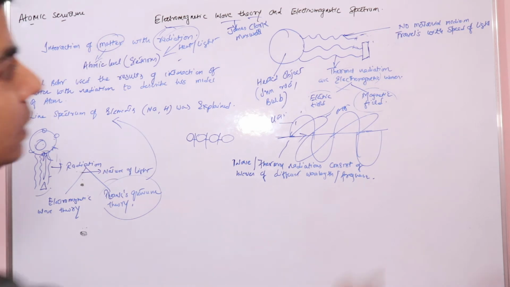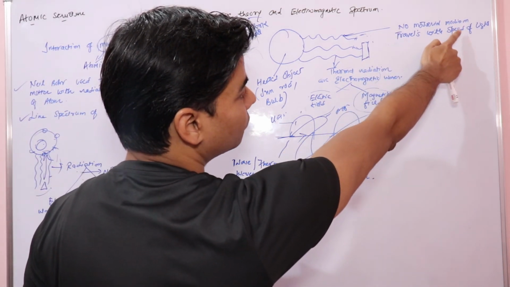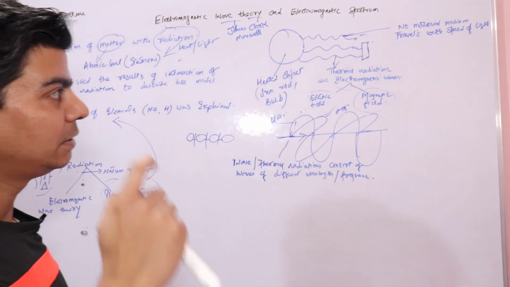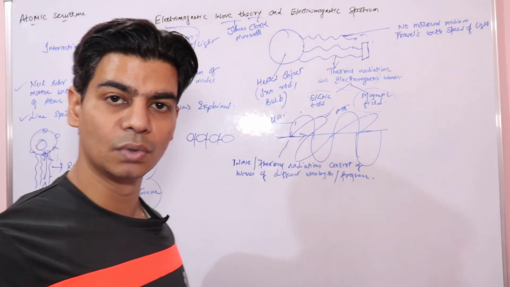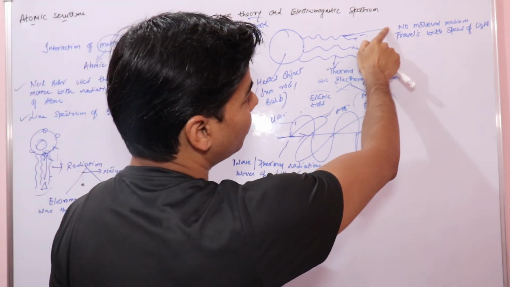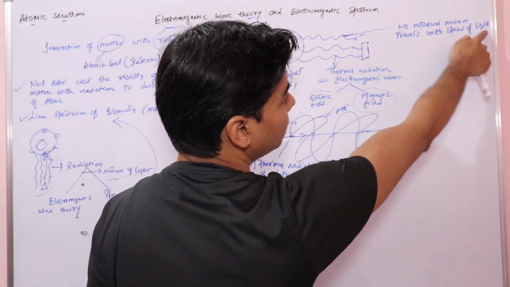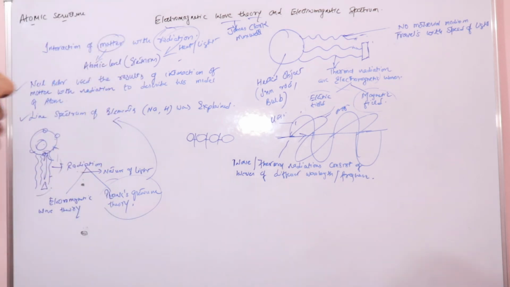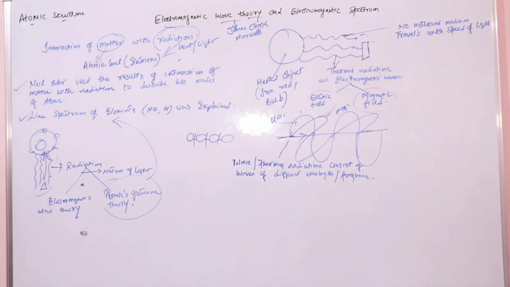They can travel in space, like sun rays can reach us through space. And it travels with the speed of light. We know that the speed of light is 3 into 10 to the power of 8 meter per second, right? So these are the main postulates or points of electromagnetic wave theory.